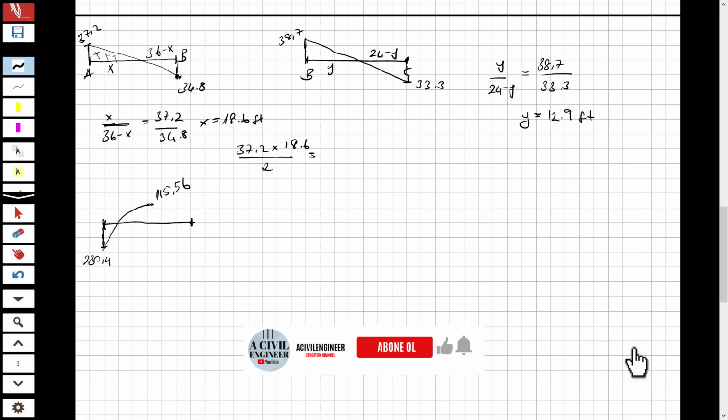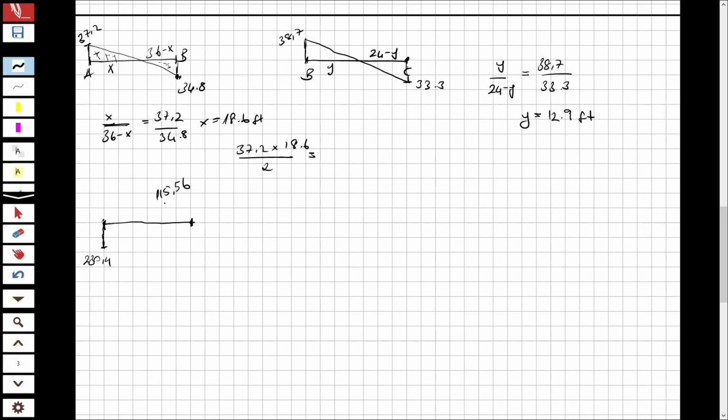Now I'm at this point, and I'm going to decrease by this amount of area, and I'm going to reach 187.2.